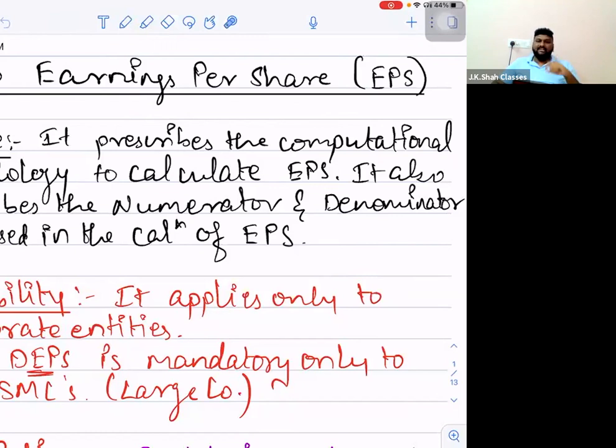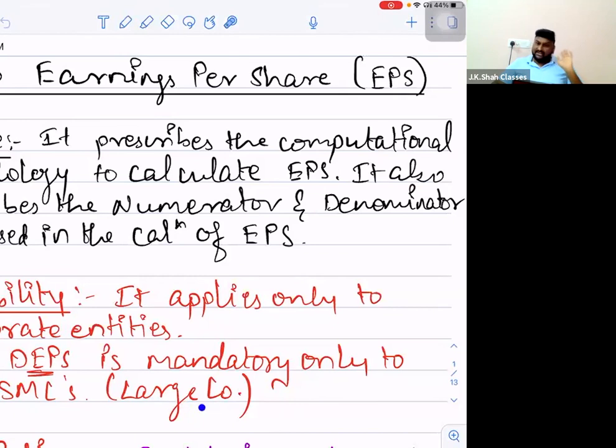AS20 is applicable only to corporate entities. And one more point, EPS is of 2 types that I'll be talking about, basic EPS and diluted EPS. Basic EPS is applicable to all types of entities, as in small and medium companies as well as large companies. But diluted EPS, which we will be talking about tomorrow because today we will not reach diluted EPS, calculation of diluted EPS is mandatory only for non-SMCs.